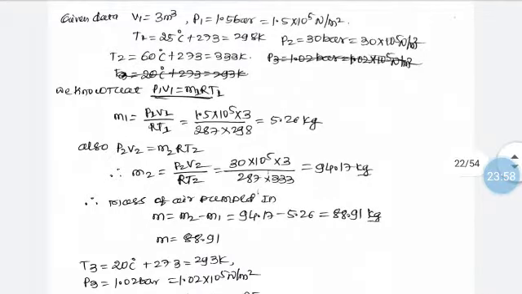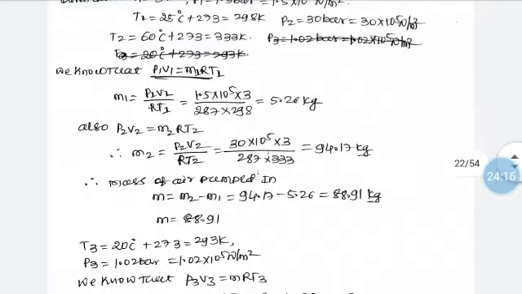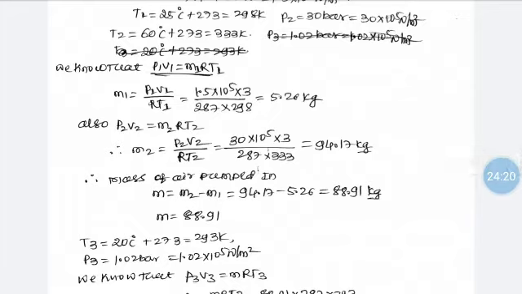Similarly, P2 V2, after adding additional air, we have to calculate M2. If we arrange for M2 and take RT2 to the LHS, M2 is equal to P2 V2 divided by RT2. So M2 is equal to 30 into 10 raised to 5 into 3, divided by 287 into 333, the temperature.